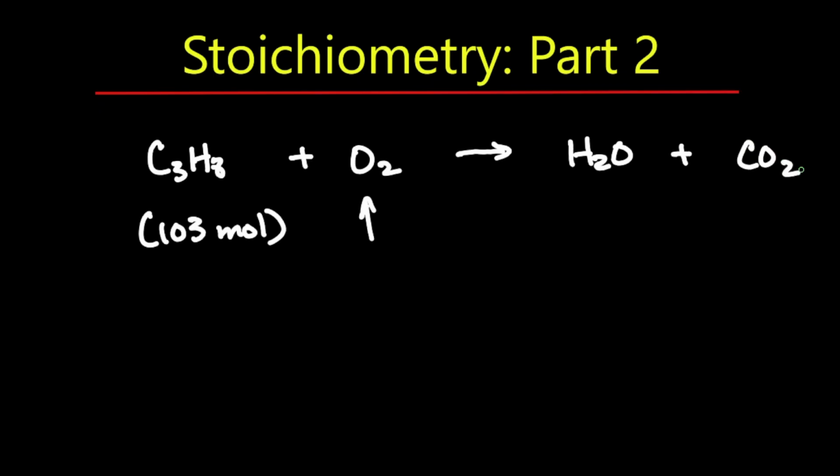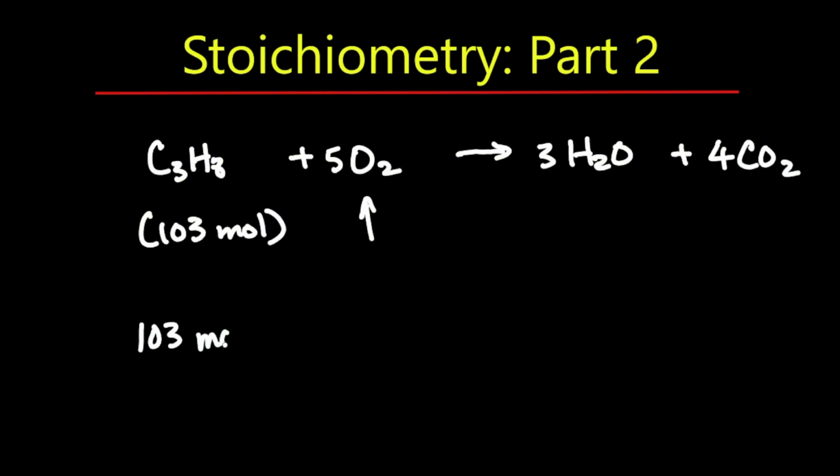And as usual, the first thing we need to do is balance the equation. This is the balanced equation. C3H8 plus 5O2 yields 3CO2 plus 4H2O. Now with these numbers and ratios, we can calculate how many moles of oxygen we need.